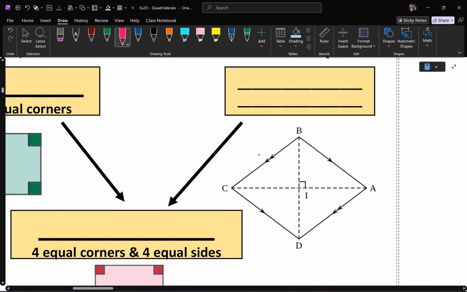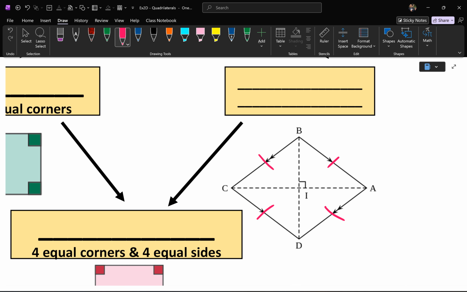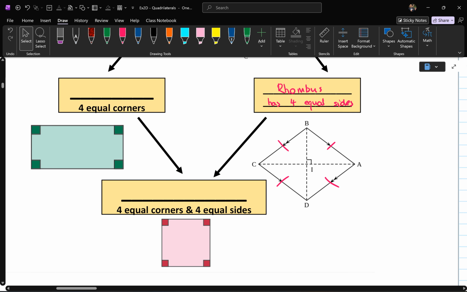So over here, this is the one that students confuse with a diamond, especially if I flip it around and make it look vertical. Most students say diamond or a kite. This is a rhombus. A rhombus has all four equal sides, very similar to a square.